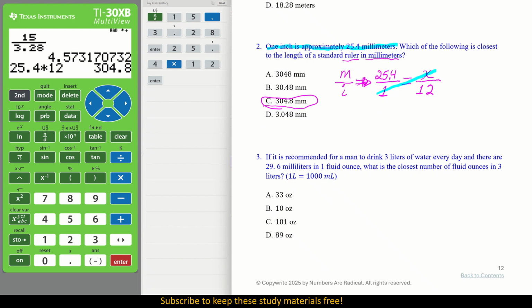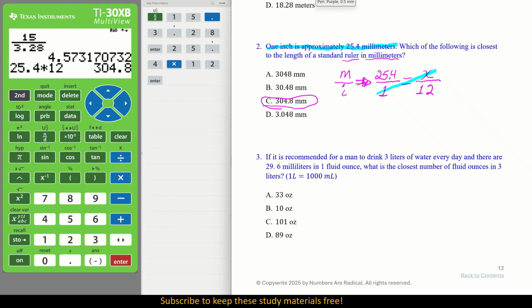Now, number 3. If it is recommended for a man to drink 3 liters of water every day, and there are 29.6 milliliters in 1 fluid ounce, what is the closest number of fluid ounces in 3 liters?